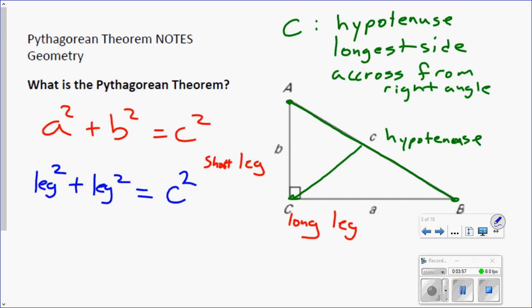If you try to stick with A, B, and C every time, it's not always A, B, and C. It's leg squared plus leg squared equals hypotenuse squared. Leg squared plus leg squared is always equal to the hypotenuse squared if it's a right triangle. Okay?